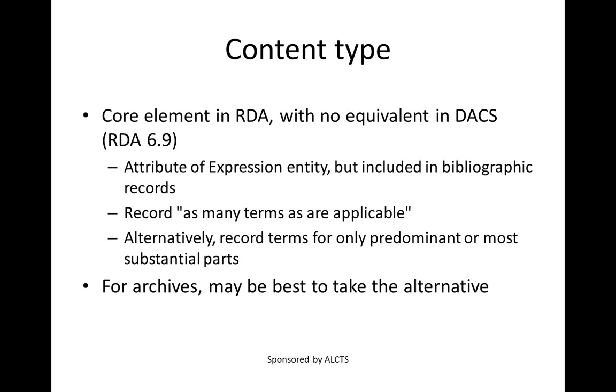However, it does provide the option of listing terms for only the predominant content type, or for the most substantial portions. When dealing with archival aggregates that include diverse content, it may be best to take the alternative rather than providing an exhaustive list of content types, although that is an option that's available.